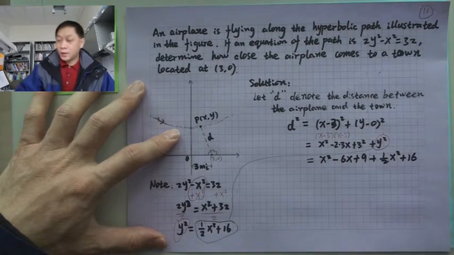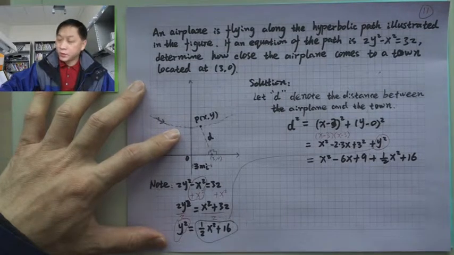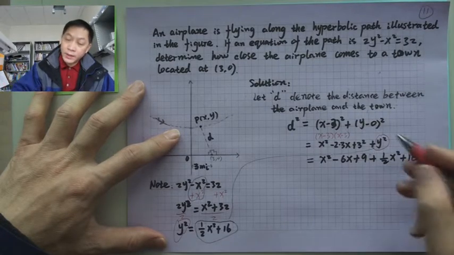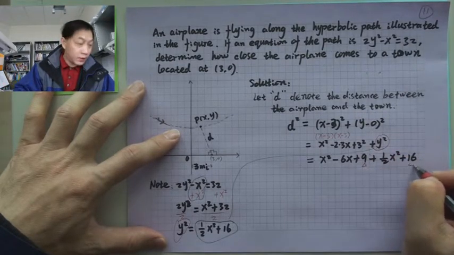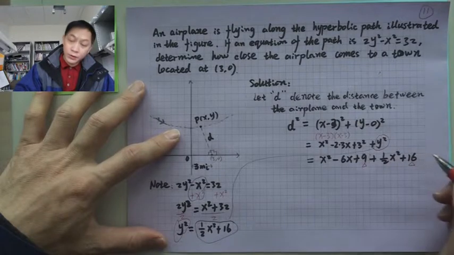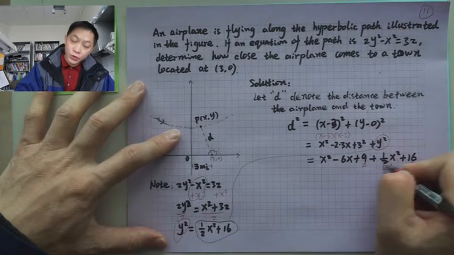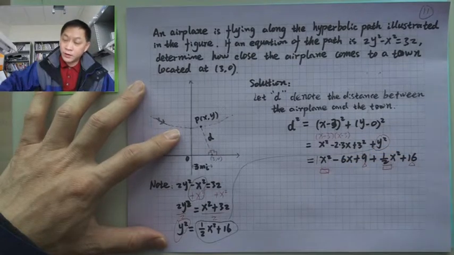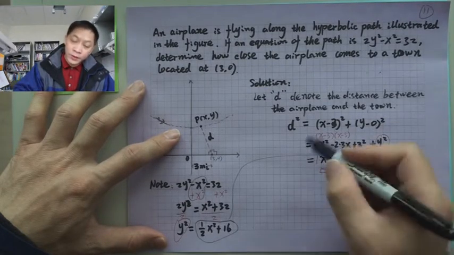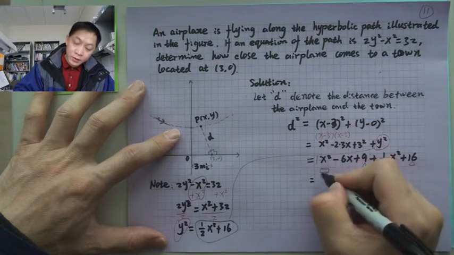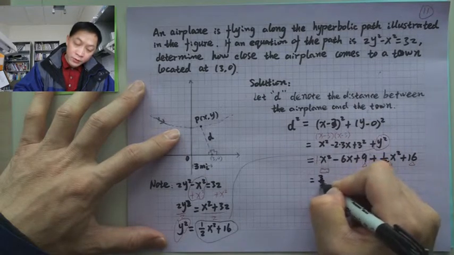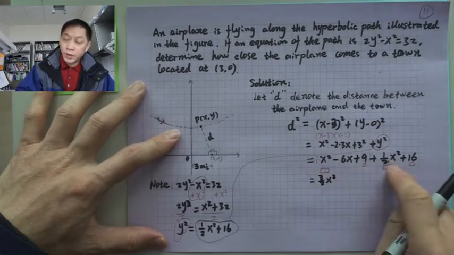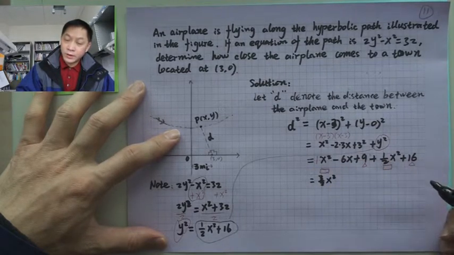Now you have two constants, 9 and 16, and an x squared with 1 in front of it. So we get 3/2 x squared, because 1 plus 1/2 is 3/2.